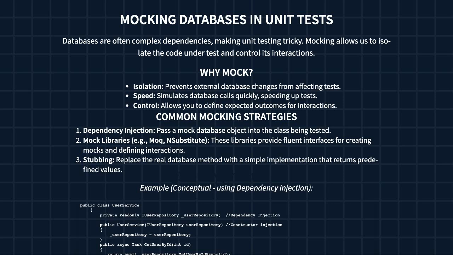That means passing a mock database object into your class being tested. Alternatively, you can use mocking libraries like mock or NSubstitute, which provide really helpful fluent interfaces. Or, you can simply stub out the real methods of the database, effectively replacing them with simple implementations that return predefined values. It's all about controlling what your code interacts with to ensure clean and reliable unit tests.